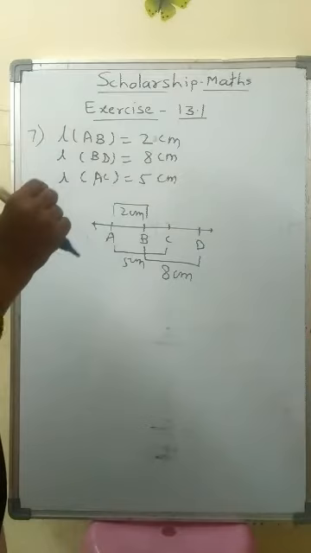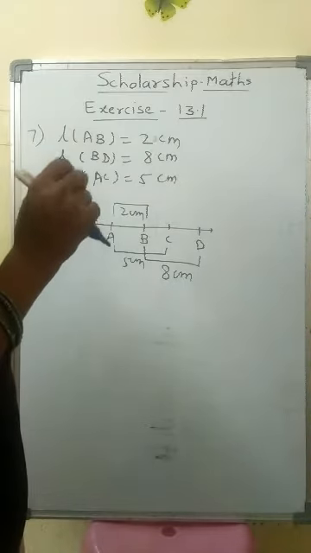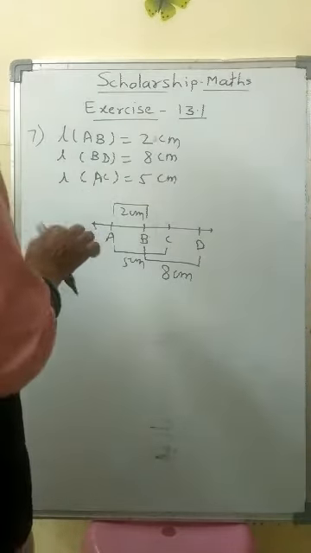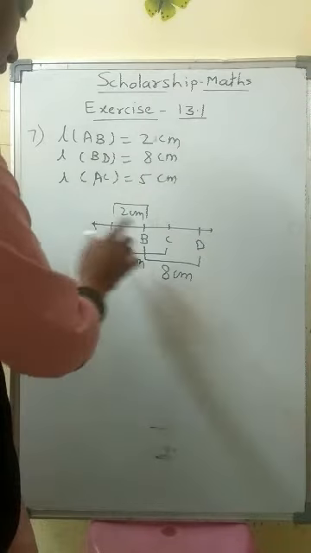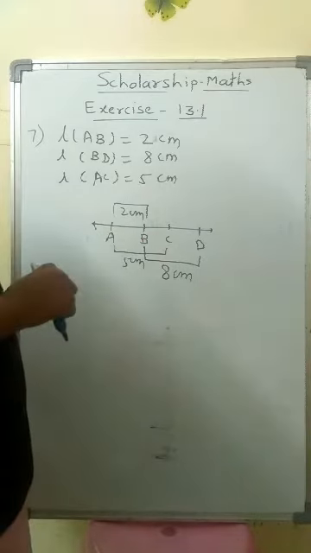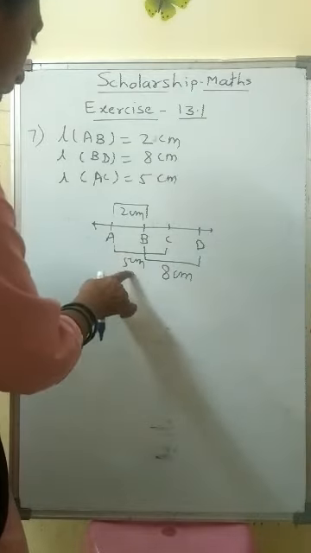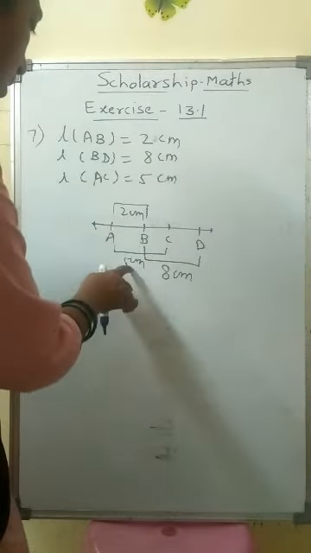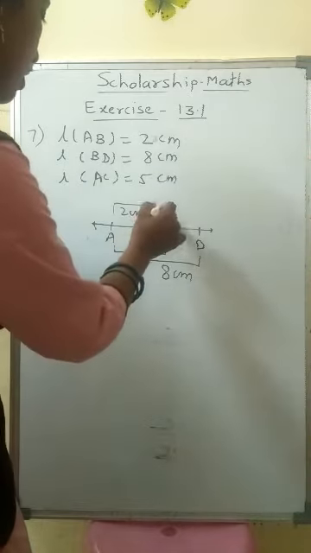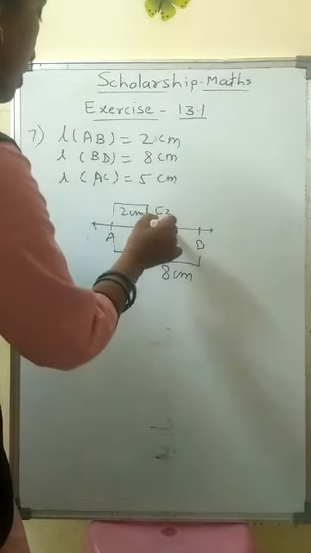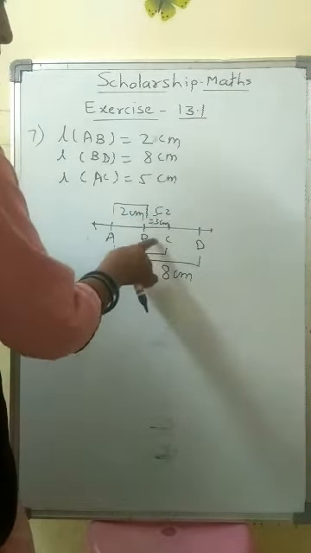But before that we find the distances between every 2 points. The distance of AB is given, but what will be the distance of BC? Look here, the distance of AC is 5 centimeters and AB is 2 centimeters. So 5 minus 2 equals 3 centimeters, which is the distance of BC.